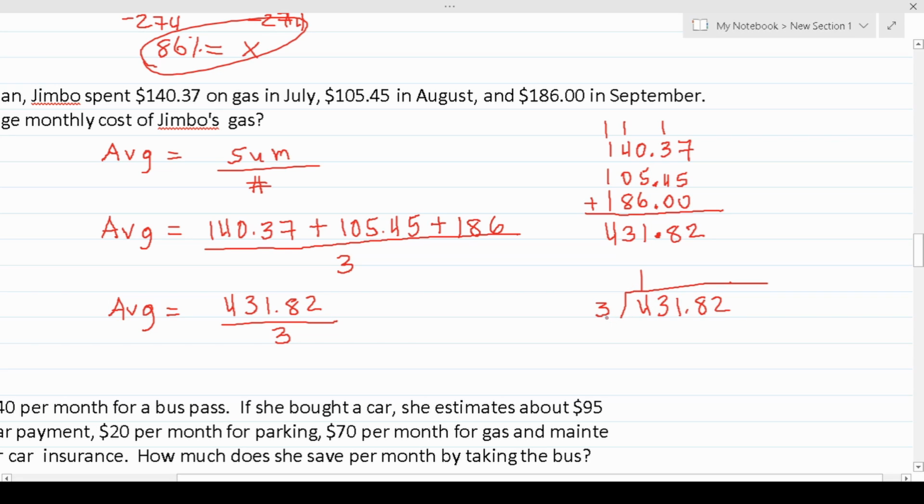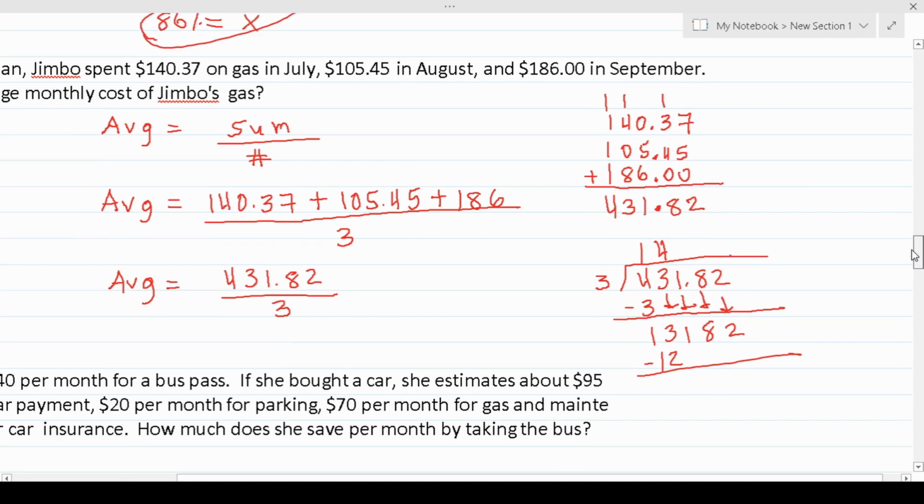That's 1 time. 1 times 3 is 3. Subtract. 4 minus 3 is 1. Drop down this 3. Drop down this 1. Drop down this 8. And drop down this 2. Now we're asking ourselves, how many times does 3 go into 13? That's going to be 4 times, given that 4 times 3 is 12.